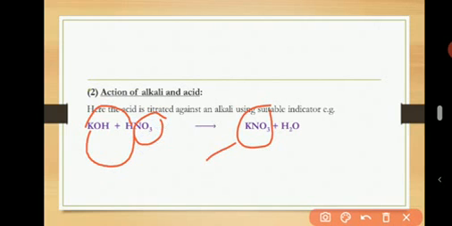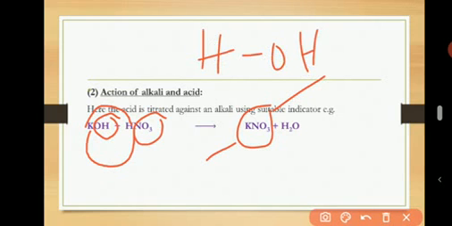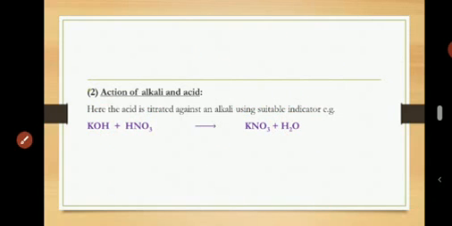So that's why you have KNO3 here. Then this H will connect with the remaining OH. When H comes to OH, what are you having? You're having H2O. That's how you have this H2O. So it's just a neutralization reaction that is very, very important for your health. And I hope you understand that very, very well. That's the second method by which you can form a salt.